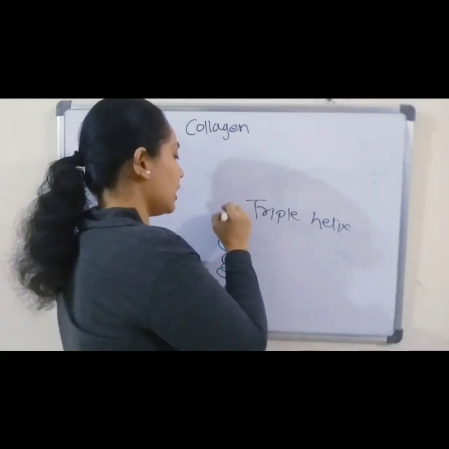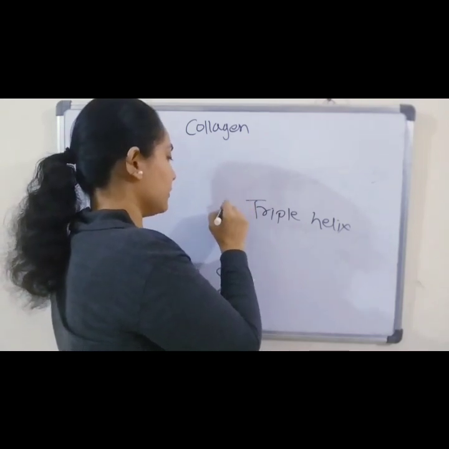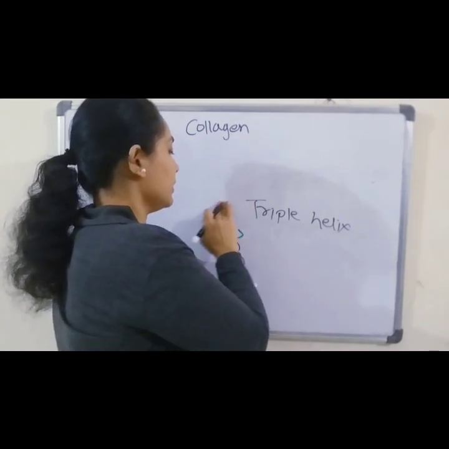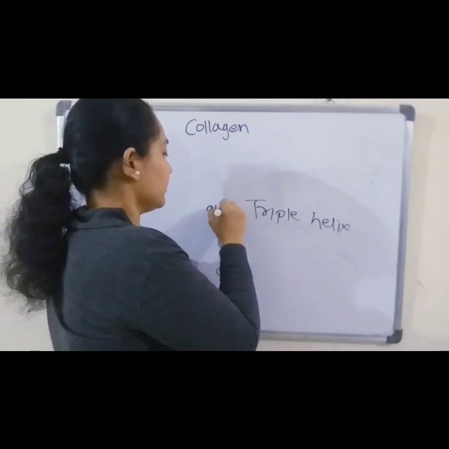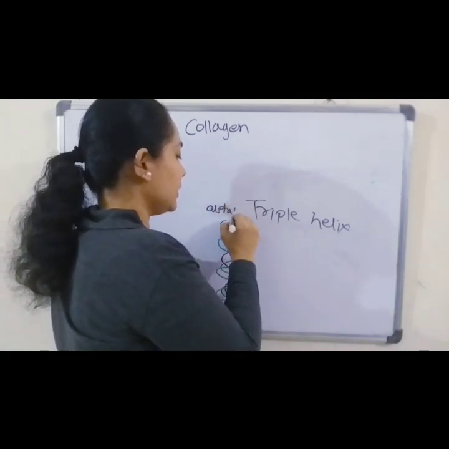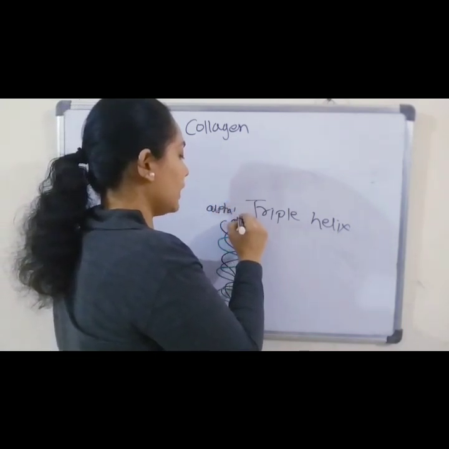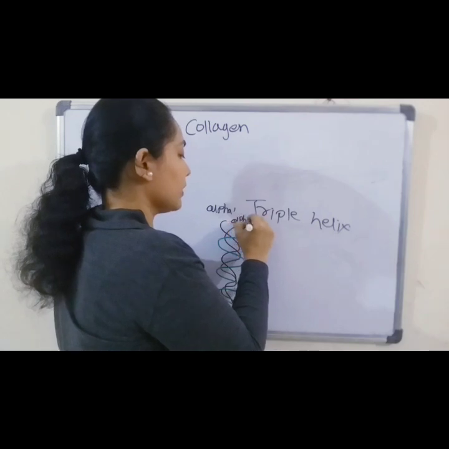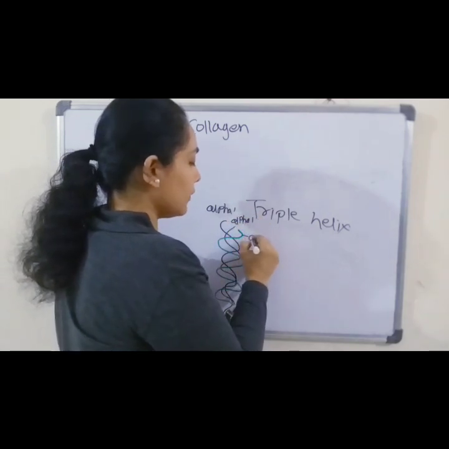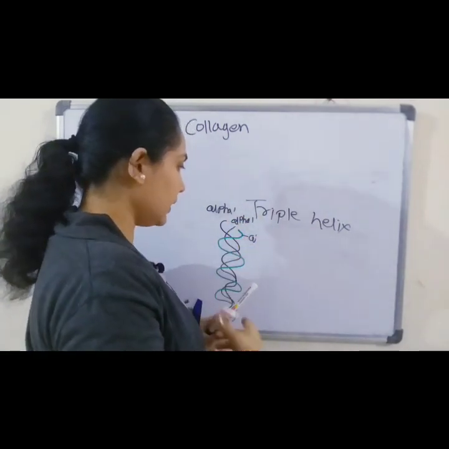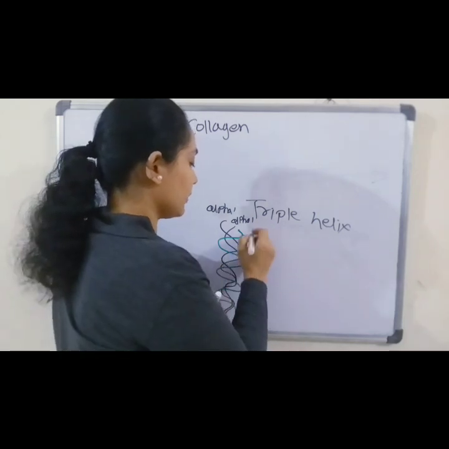This is alpha 1, this is also alpha 1, and this green one is alpha 2.